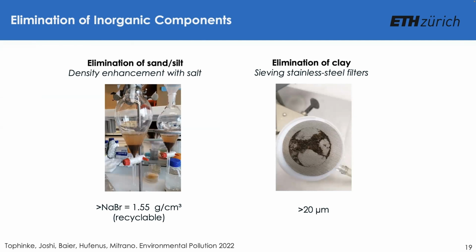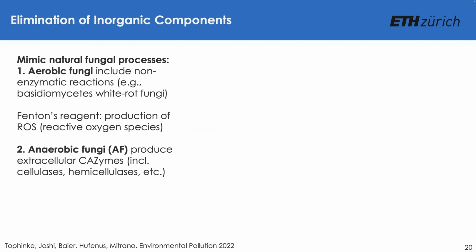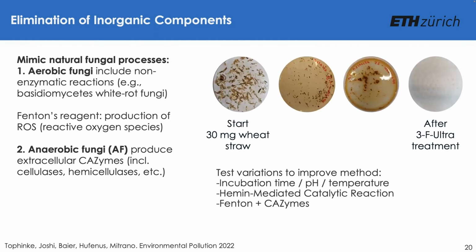Now, there's still some organic components that need to be removed. And for this, we tried to go with the enzymatic digestions using different types of anaerobic fungi that can degrade this organic matter. So as an example, to show that this worked, we could start with just some organic matter like straw, and then expose this straw to our different enzymatic digestates and Fenton reagents for a reactive oxygen species formation to slowly purify the sample.